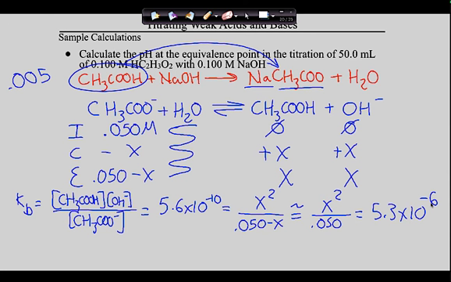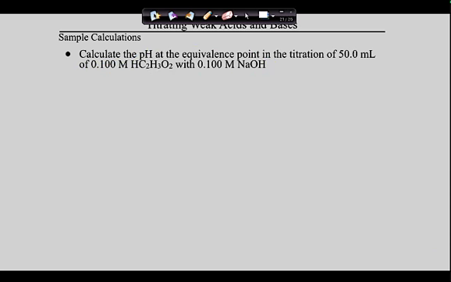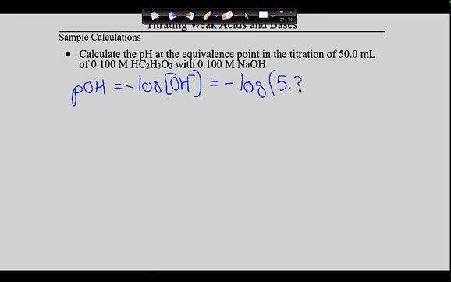So what is that? That's our concentration of OH. So can I move? You okay? So now, guys, we're going to do this. pOH is equal to the negative log of OH is equal to the negative log of 5.3 times 10 to the negative sixth, and that gives me a pOH of 5.3, and then pH plus pOH.